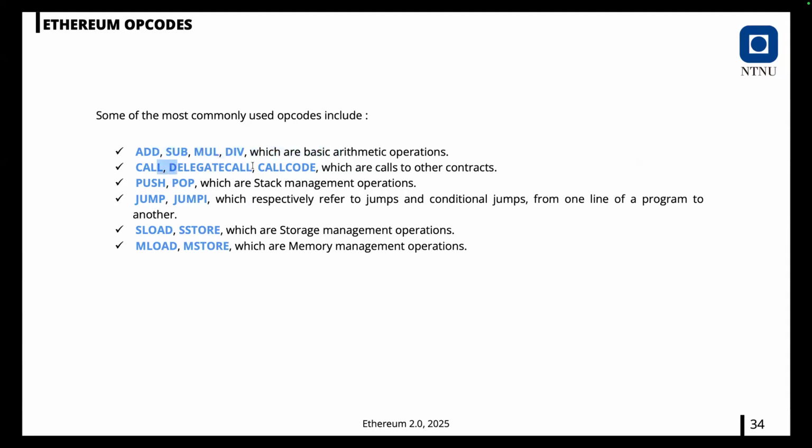You have call operations to interact with other contracts, operations to operate on the stack, jump operations, and memory operations. And then you have storage operations, which interact with the blockchain data, and memory operations, which are related to how the smart contract works itself, right?